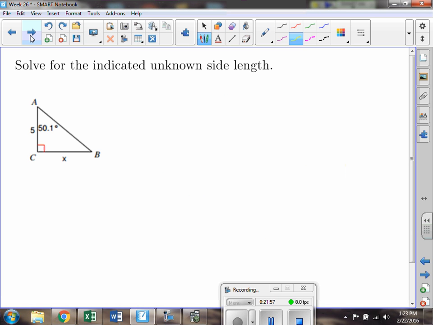Here's our last example for this video. What do we have? Okay, based on the 50.1 degree angle, 5 is what? 5 is adjacent, and x is opposite. So opposite and adjacent tell us to build tangent. Tangent of 50.1 degrees is equal to x over 5.